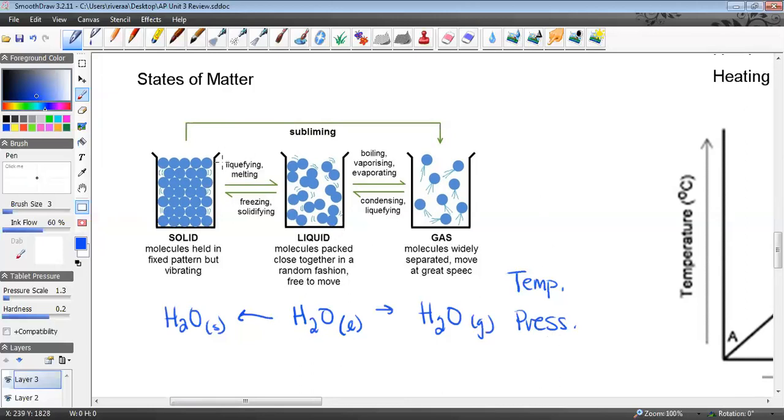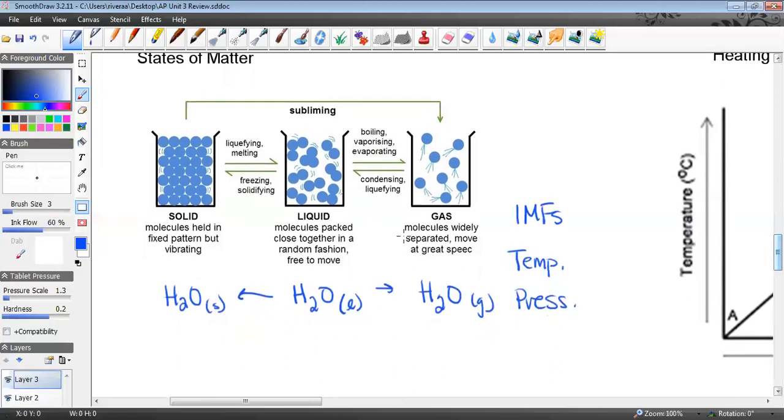Now, besides temperature and pressure determining states of matter, what also determines states of matter are IMFs, or the forces that are holding together substances in the first place. For example, ionic compounds tend to always be solid. Why is it that ionic compounds are solid?